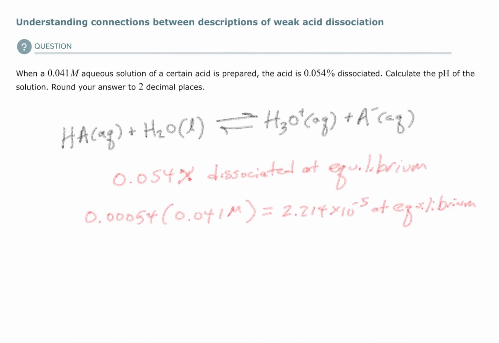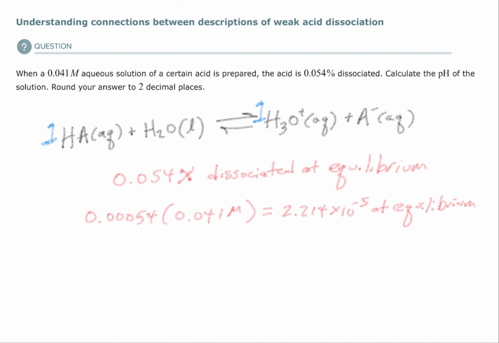Okay, so I just find out that after equilibrium, only a little bit of this HA is dissociated. So I simply take whatever the original molarity was, multiply it by 0.054%, which as a decimal is 0.00054, and I get the equilibrium concentration of my acid at 2.214 times 10 to the negative 5.